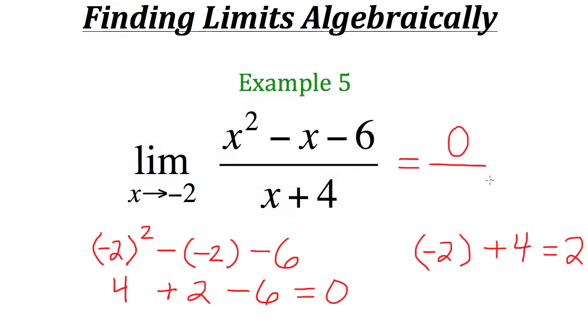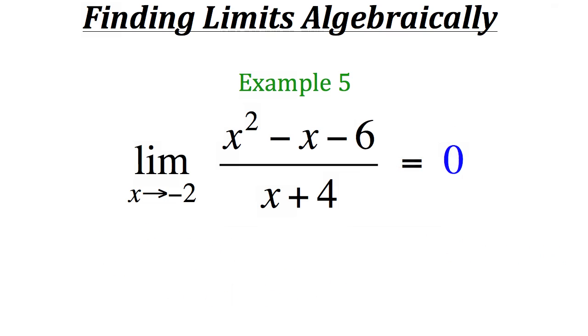So the limit of our denominator is 2. Now in order to get the limit of our entire function, we just need to take that top limit and divide it by the bottom limit. So the limit of this function that we have will be 0 over 2. Or in other words, 0.